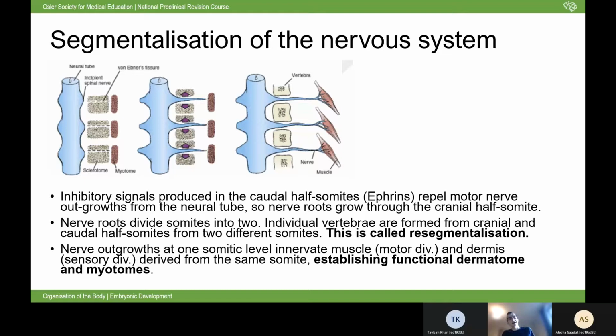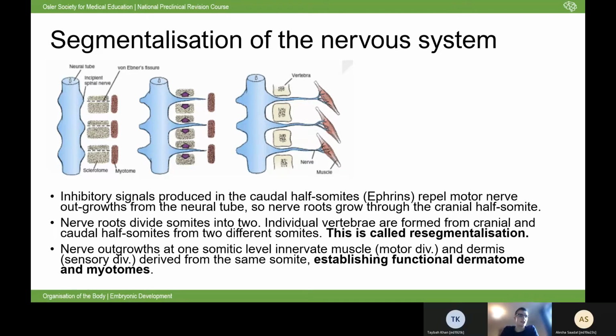So what we get is a motor nerve growing out at the level of each somite, and it grows through the cranial half, that's the top half, of each somite. Why does it do that? Well, because the caudal half, the bottom half, produces these signals, these efferents, which repel the growing nerve fibers.